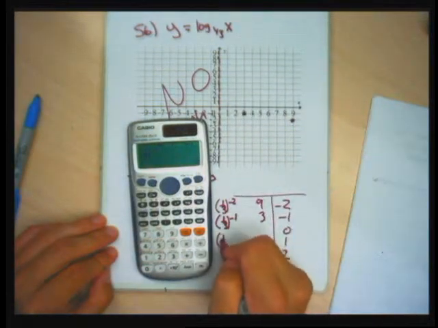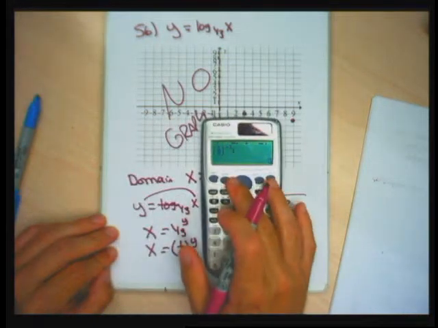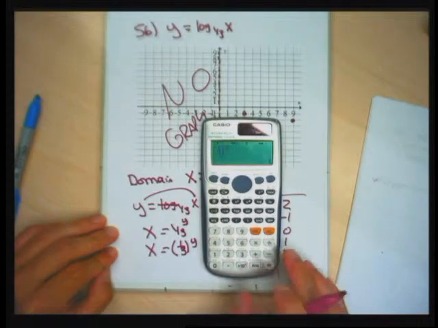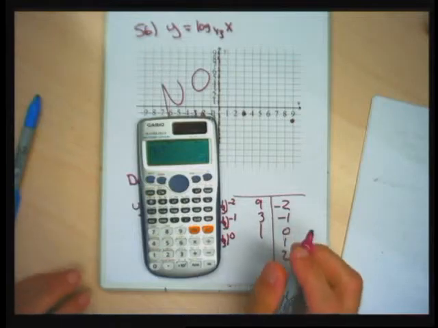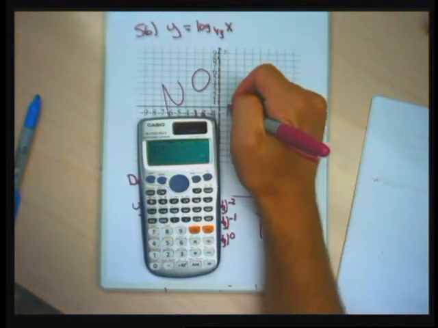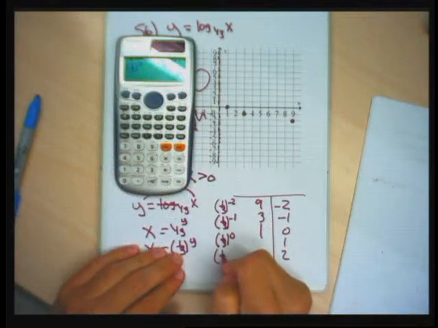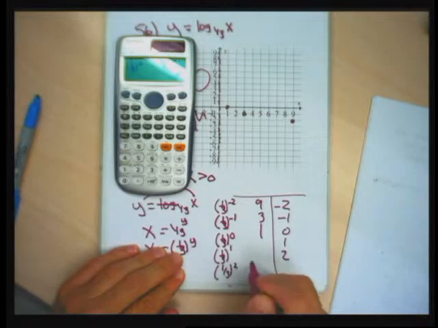And then I'll do 1/3 to the 0 power, and I know that that's equal to 1, but I could just backwards delete. 1/3 to the 0 power is 1, because anything to the 0 power is 1. So I get the point 1, 0. And then 1/3 to the first power and 1/3 to the second power.